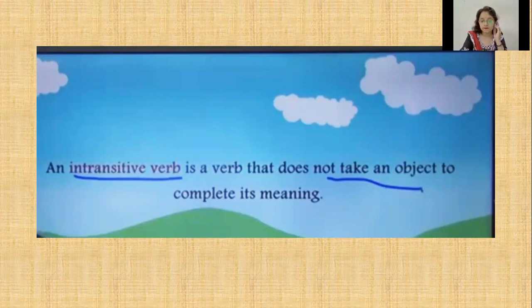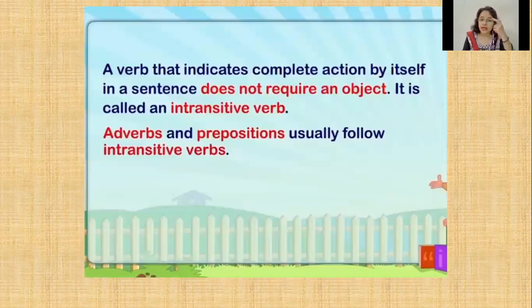It indicates complete action by itself in a sentence and does not require any object. But in case of a transitive verb, it requires an object to complete the meaning of the sentence. So that's why in that case it is called transitive, and here it is called intransitive verb. And adverbs and prepositions usually follow intransitive verbs. How? Let's check it out.